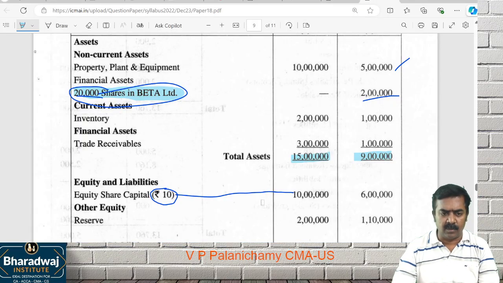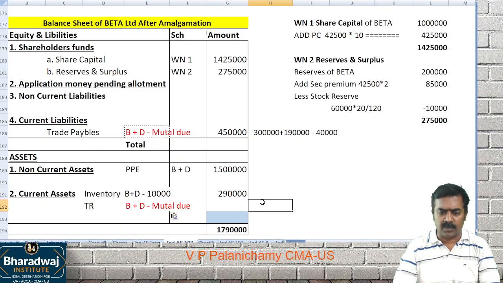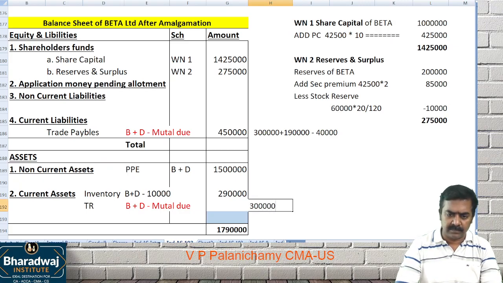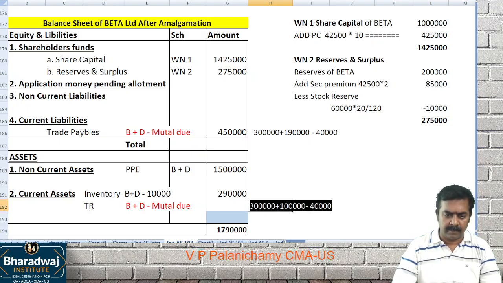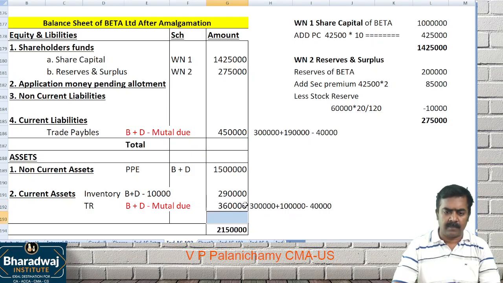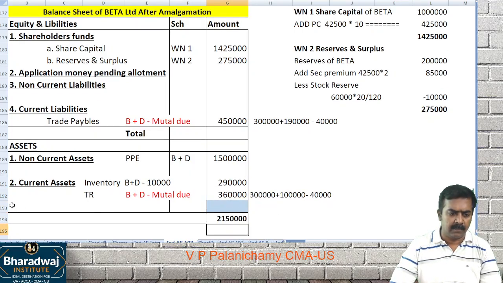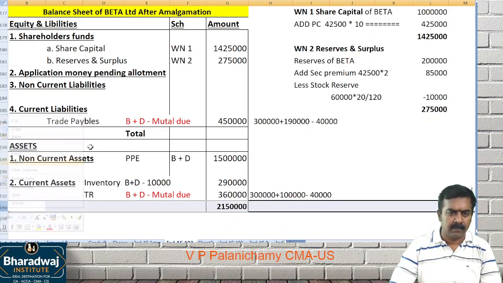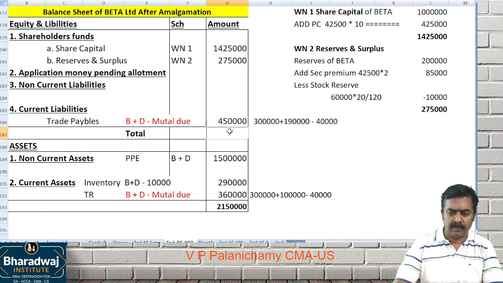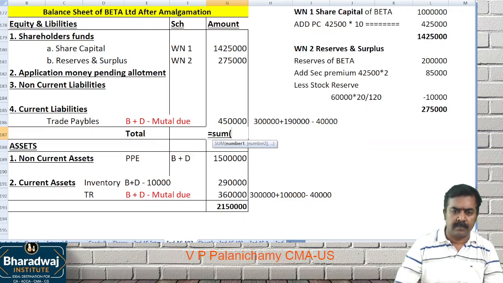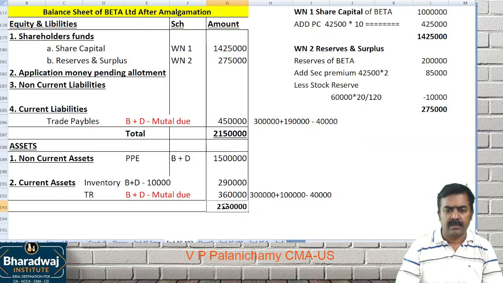Look at how much beta plus delta is, 3 lakhs plus 1 lakh, minus mutual due, how much is it? 40,000. That's it.